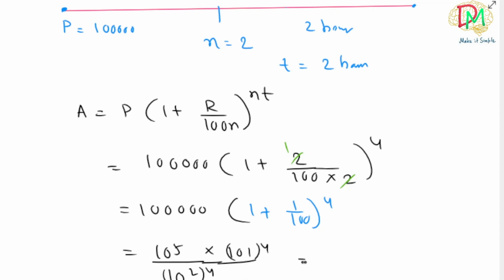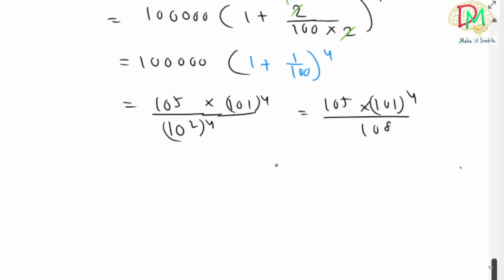So 10 to the power 5 into 101 to the power 4 divided by 10 to the power 8. So we get 101 to the power 4 divided by 10 to the power 3.